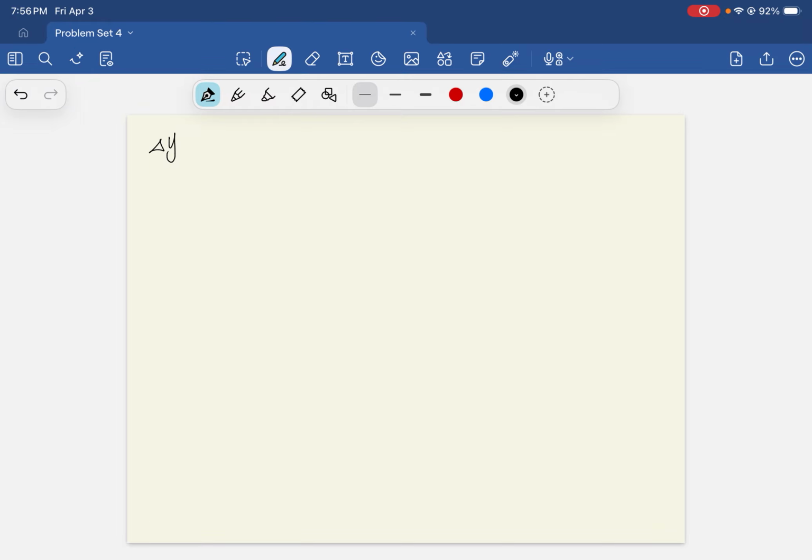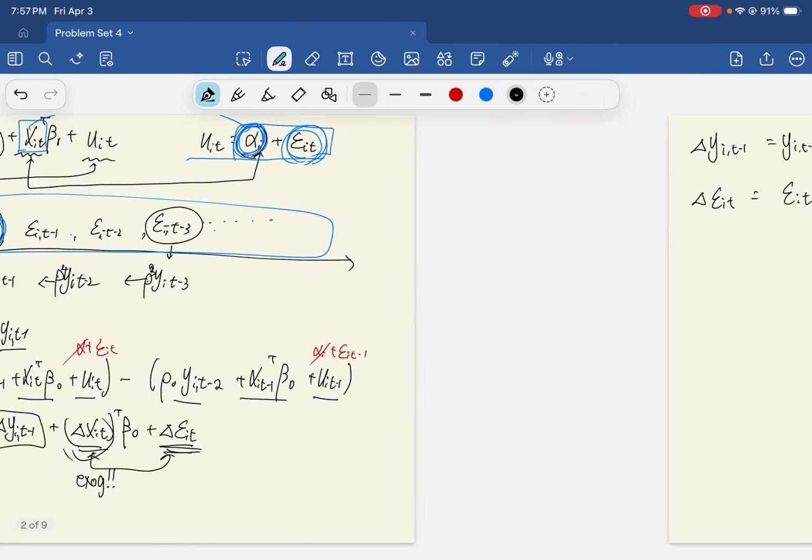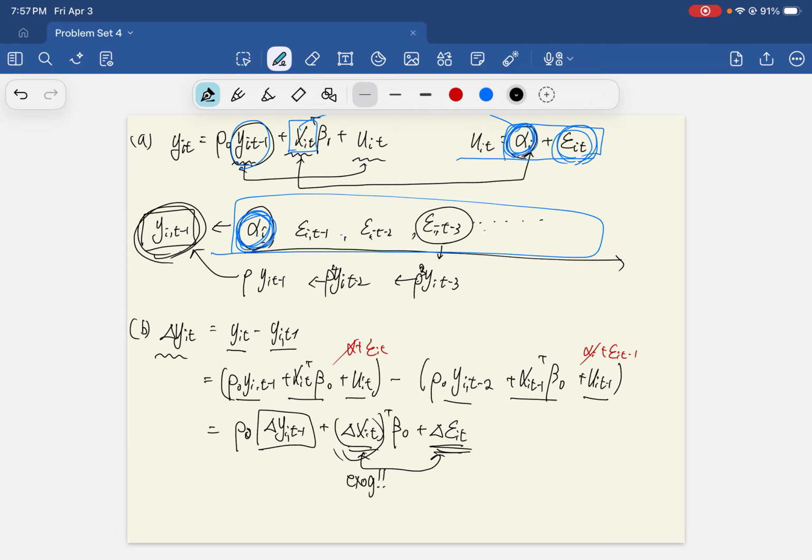So delta y_i,t-1 is y_i,t-1 minus y_i,t-2. And delta epsilon_it is epsilon_it minus epsilon_i,t-1. Okay, now I said y is the accumulation of the past random shocks.